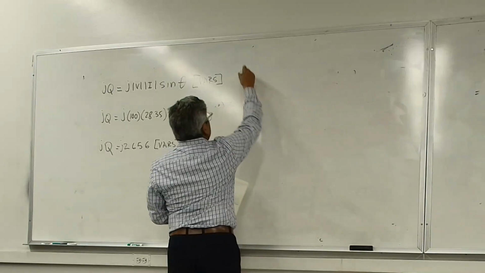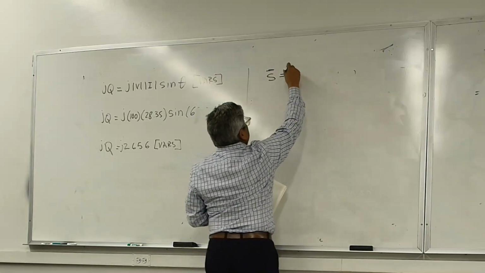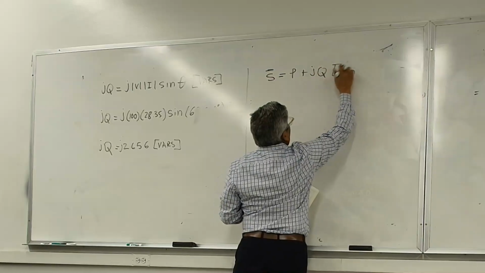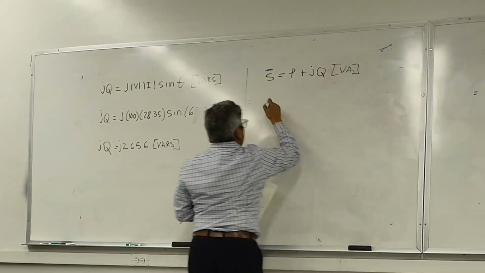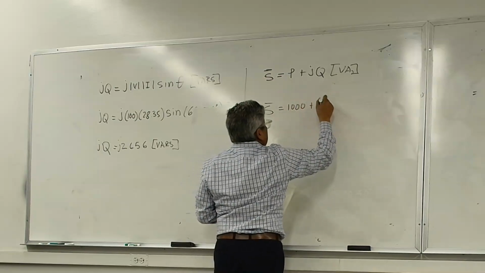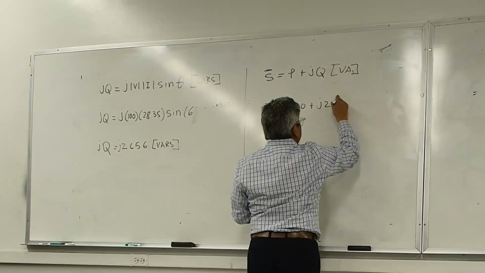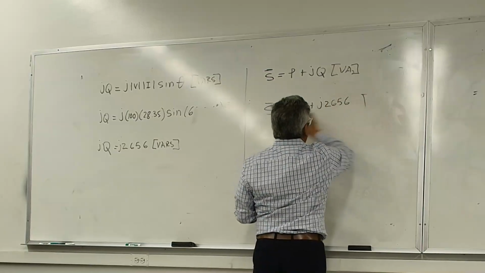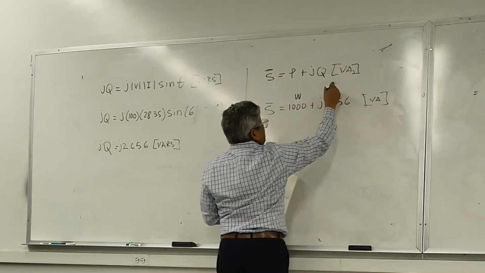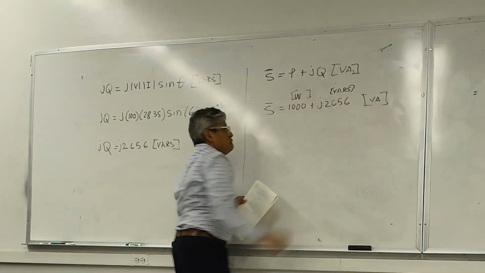You can say S is equal to P plus jQ in volt-amperes. So S is equal to 1,000 plus j2656, and the whole thing combined is in volt-amperes. And this is in watts, of course, and this is in vars. All right, that's simple.